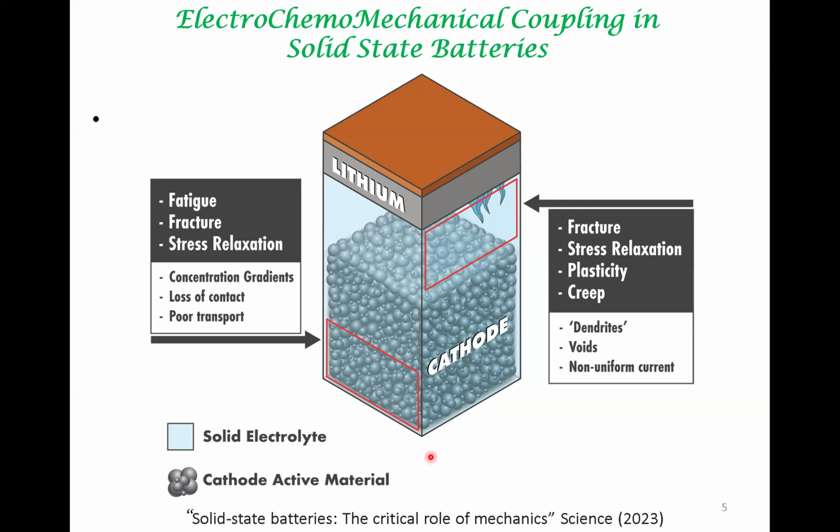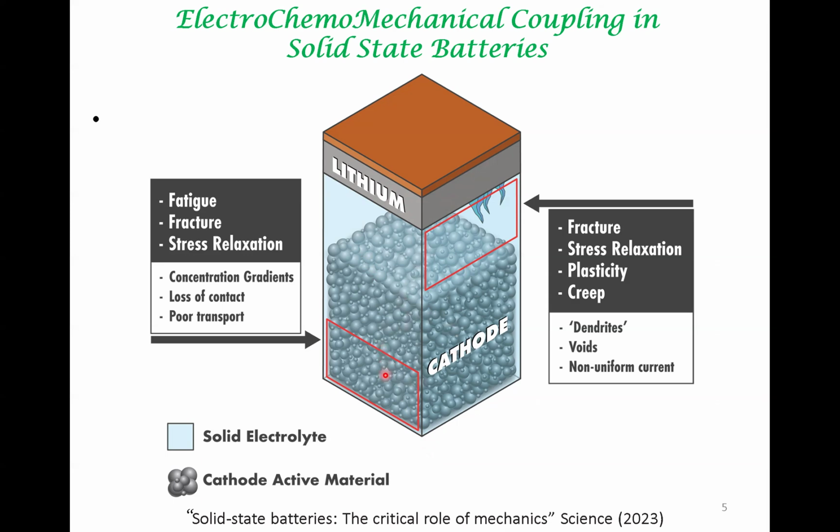One of the frontier research areas in lithium ion batteries is the solid state battery, wherein instead of having a graphite anode, you have a lithium metal as the anode, because this increases the energy density of the battery.